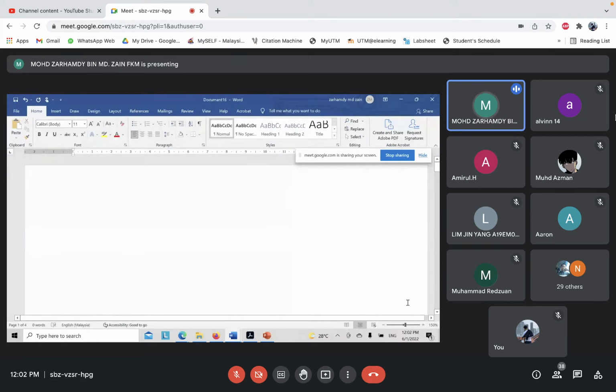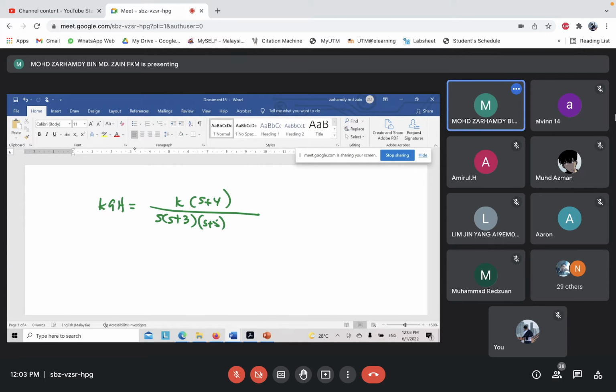Okay. So for example, we have KGH. This is our system. We have K times S plus 4, and we have S plus 3, S plus 5, and S squared plus 2S plus 2.